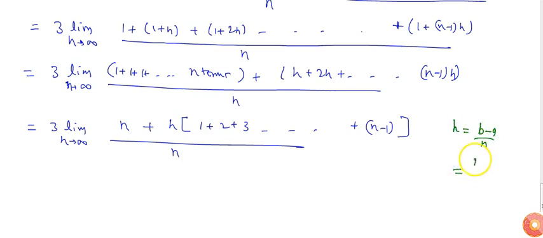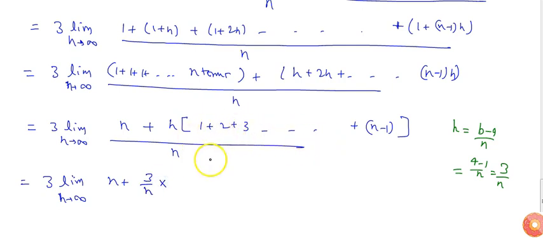So b minus a is 4 minus 1 by n, so it will be 3 by n. So 3 limit n tends to infinite, it will become n plus h. Value of h is 3 by n, and sum of 1 plus 2 natural numbers up to n minus 1 terms is given by (n minus 1) into n by 2.